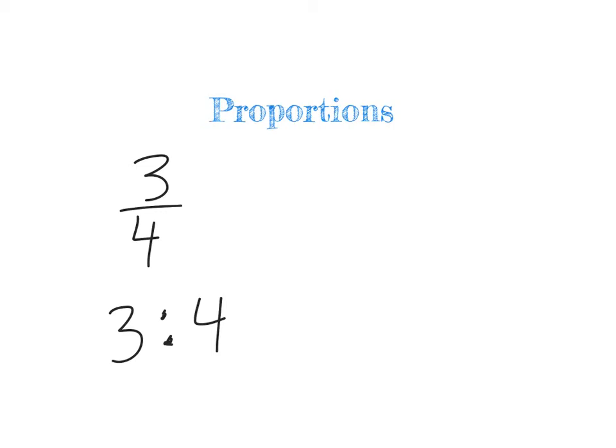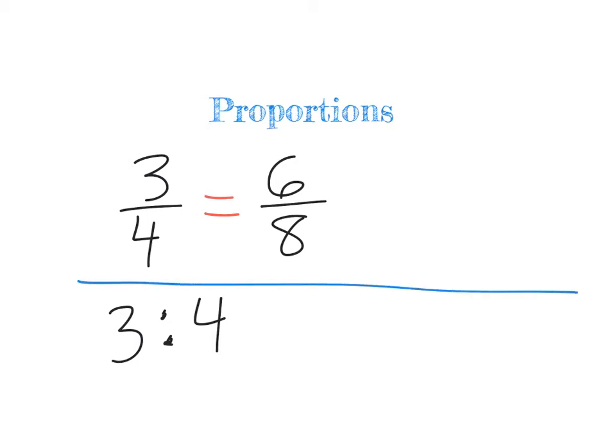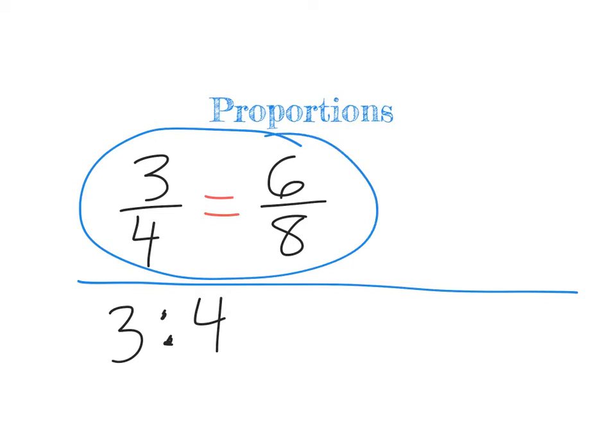These are the exact same thing, but a proportion is when you take either that fraction and set it equal to another fraction, or, like we have on the bottom, 3/4 set equal to 6/8.